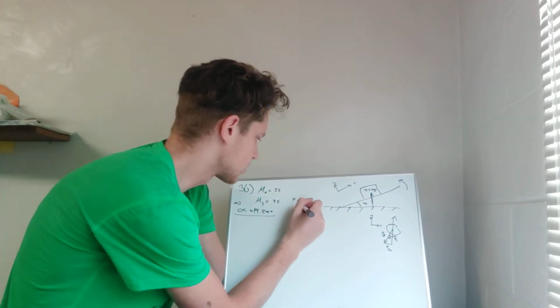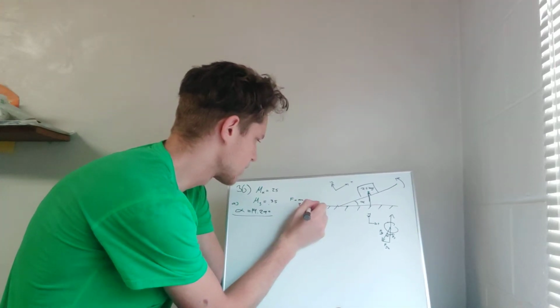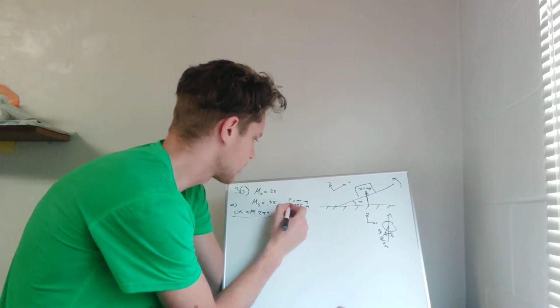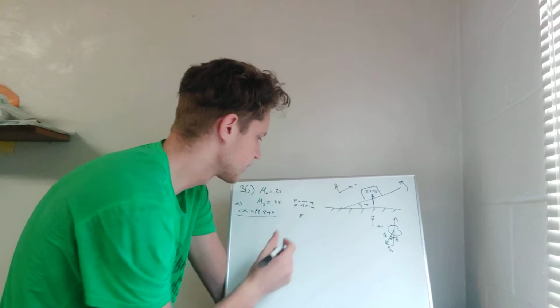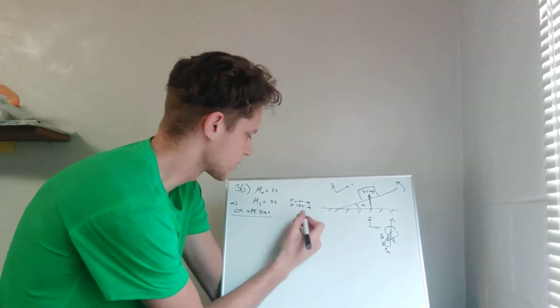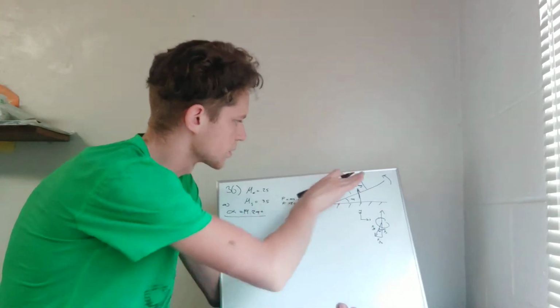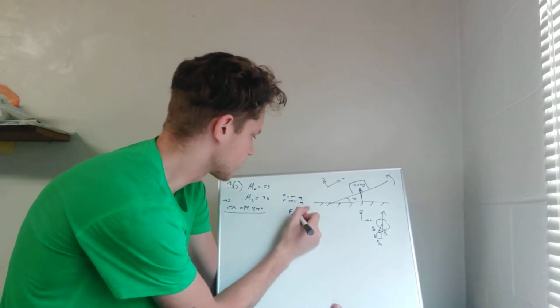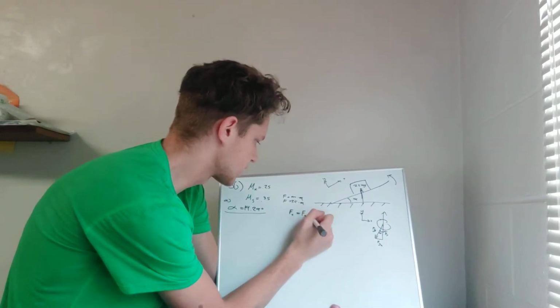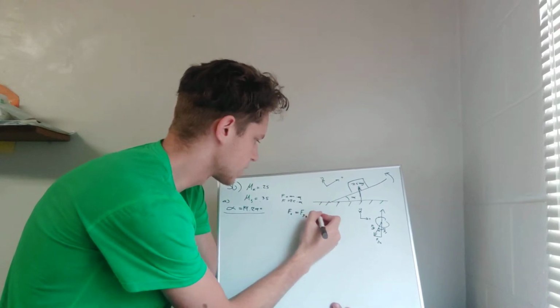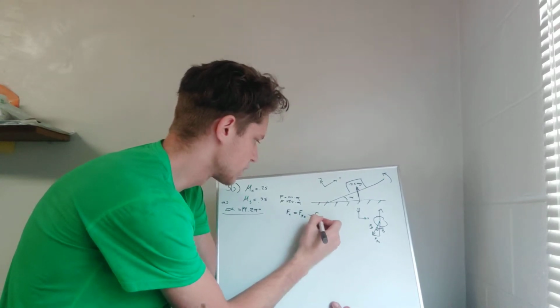We know the mass, which is 25, times the acceleration, and the total force, the sum of the force in the x direction, because we're working on the plane here, is going to equal the force of gravity in the x direction minus the force of friction.